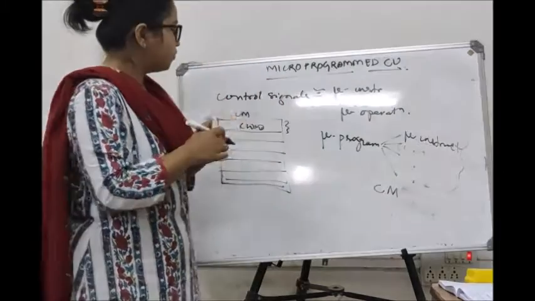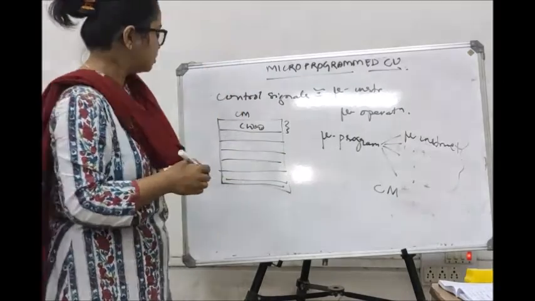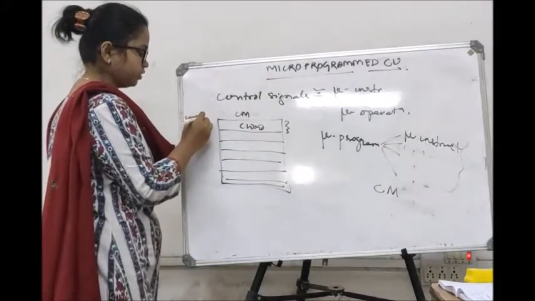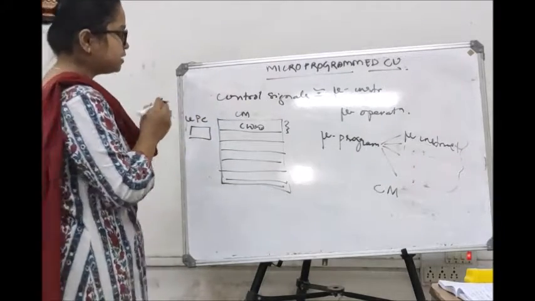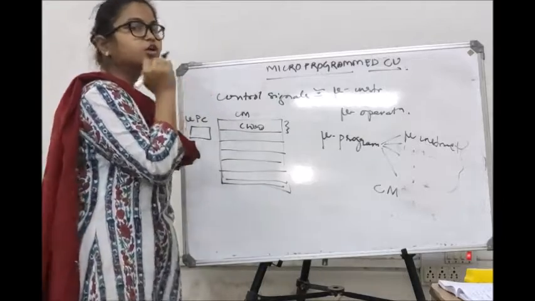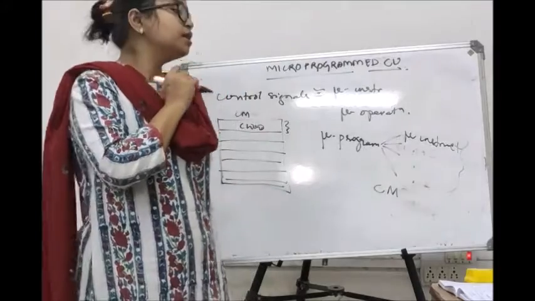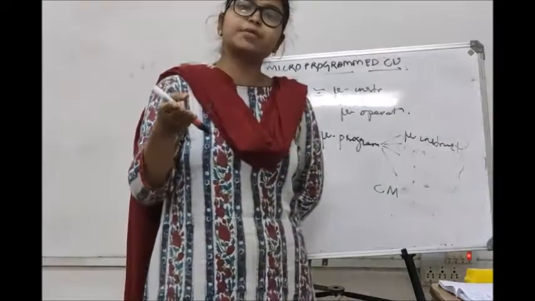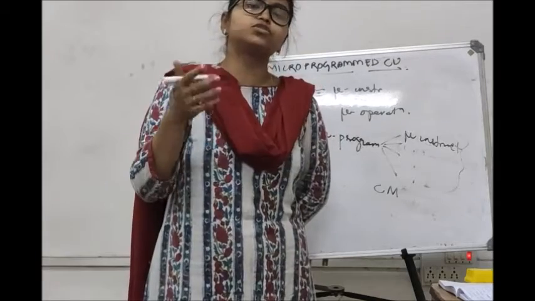Now, to execute this, we have a microprogram counter. The microprogram counter decides which control word to refer to, or which micro instruction to execute. This is the same as the program counter, PC. A normal program counter stores what?